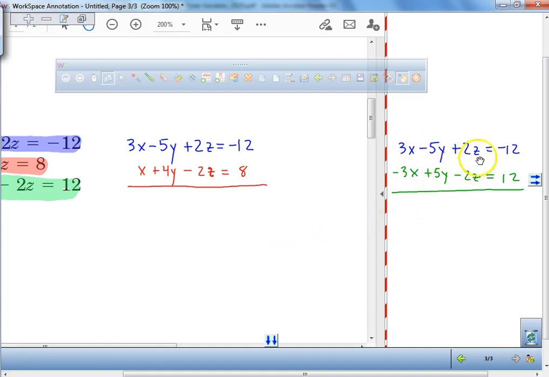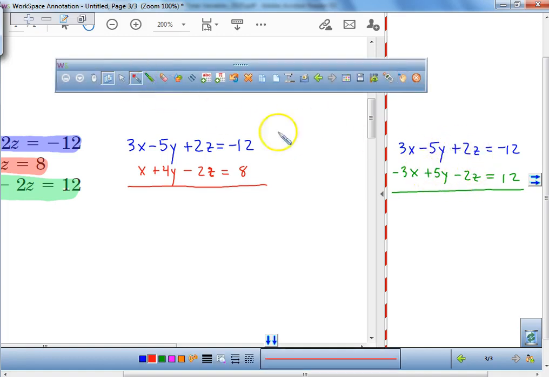Now check this out. The reason I'm drawn to the second set of equations is, interestingly enough, if I add these together, that zeroes out, that zeroes out, that zeroes out, that zeroes out. Would you agree or disagree that 0 plus 0 plus 0 equals 0, and is 0 equal to 0?